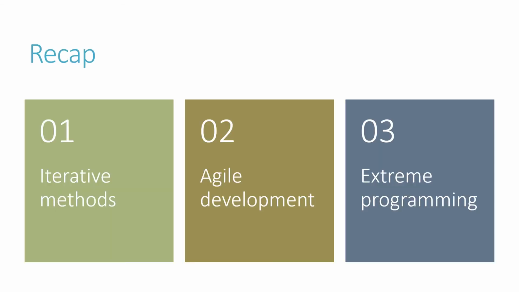So let's recap. You should know in general what iterative methods are and what the agile development methodology with its sprints and scrums looks like, and how it's been adapted in the modern world to something called extreme programming or XP.